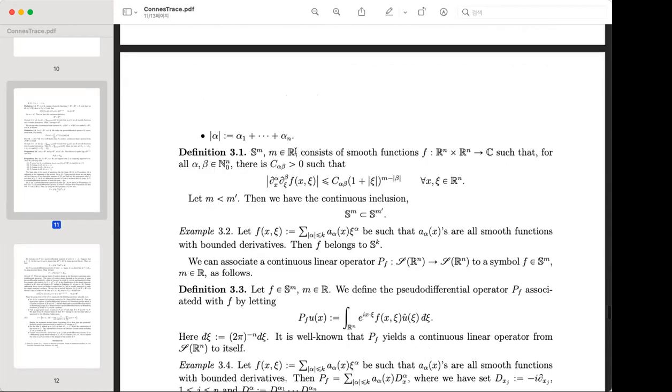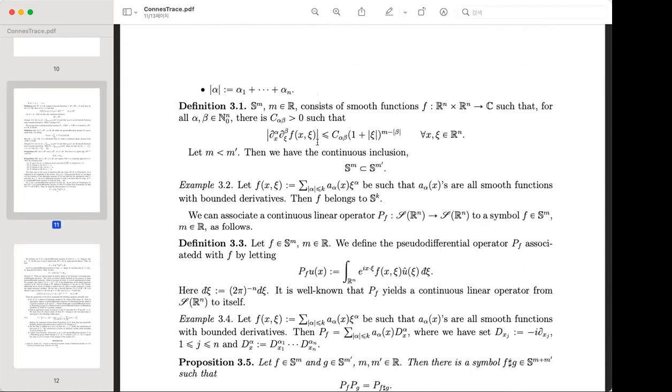Let me first mention that there are many other kinds of symbol spaces in the theory of pseudo-differential operators. This kind of symbol space is the most common choice, but sometimes this symbol space does not fit the property required in the problem.